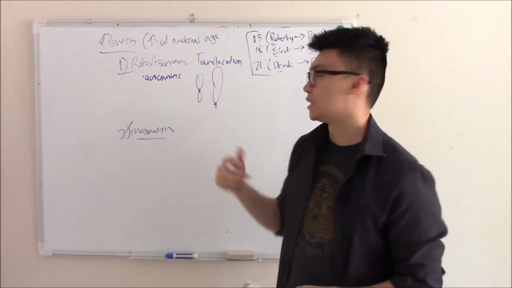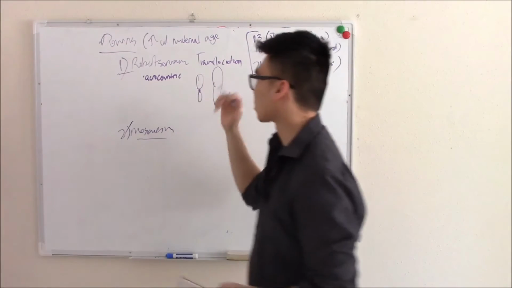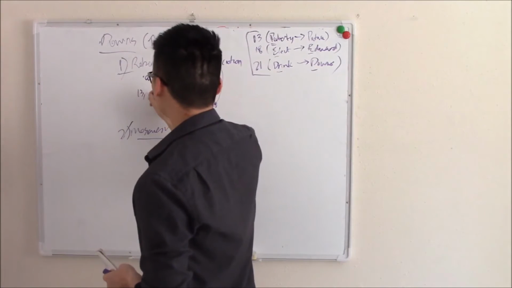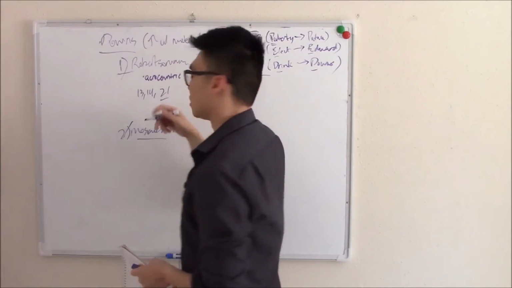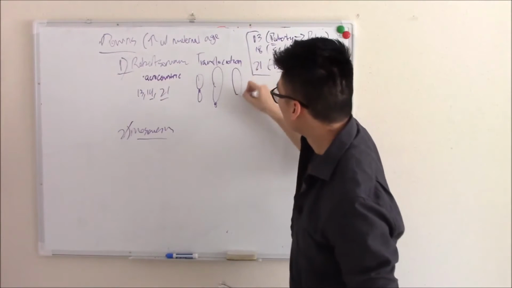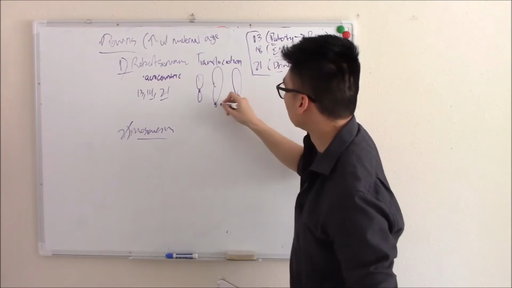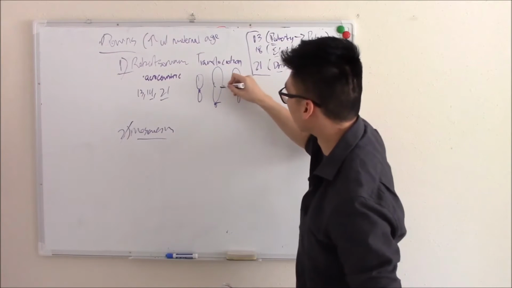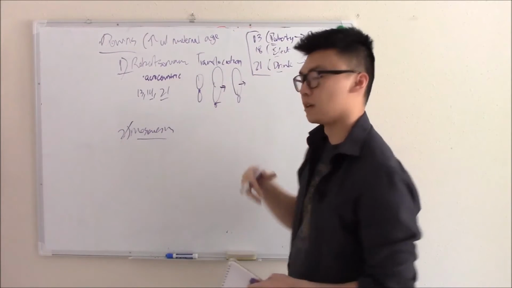And that makes it very easy to break off. These acrocentric chromosomes include things like 13 and 14 and 21. And when these break off, this large piece can fuse with another chromosome.